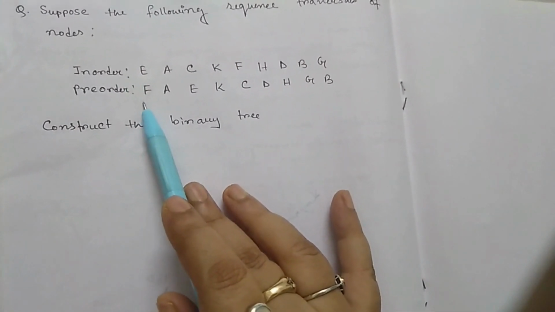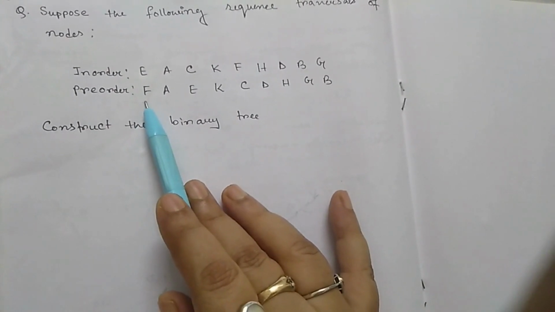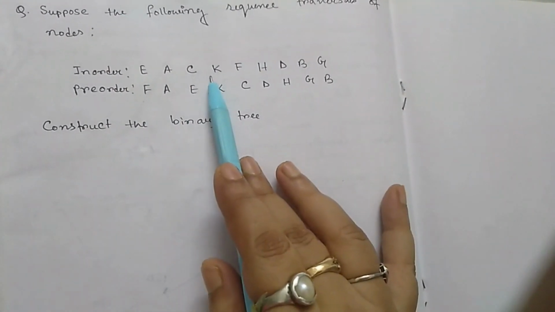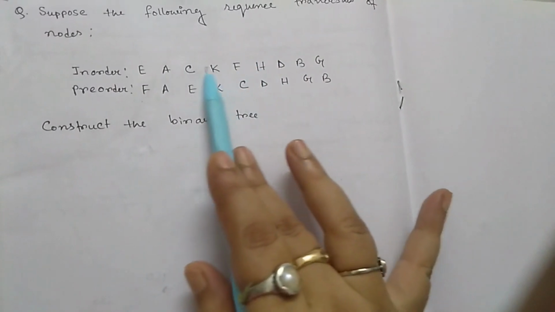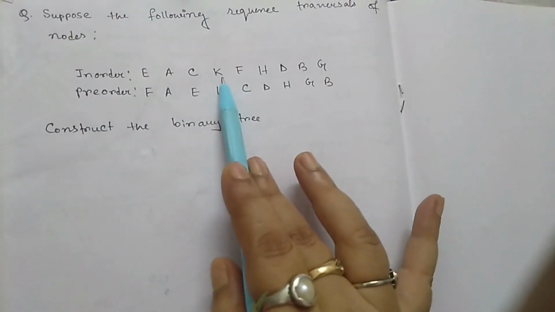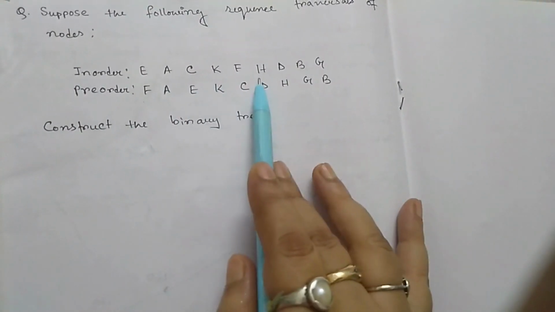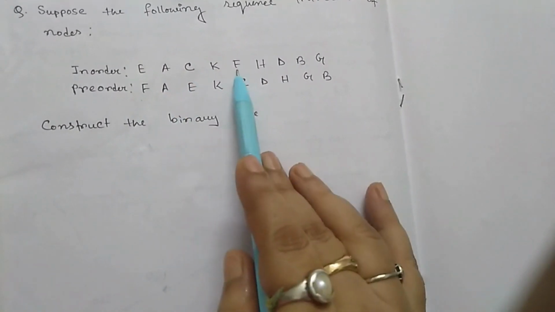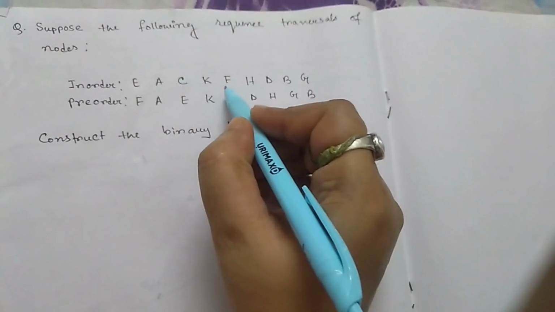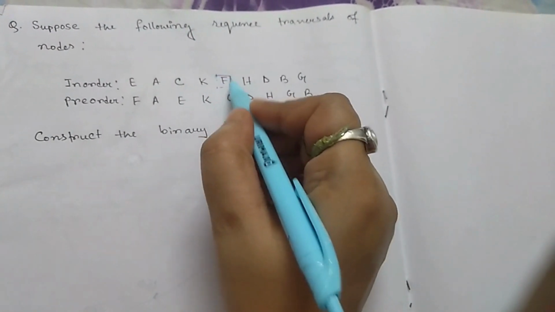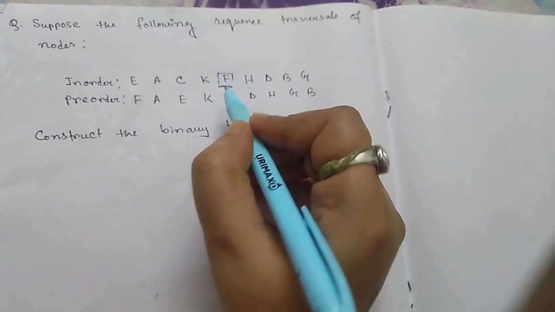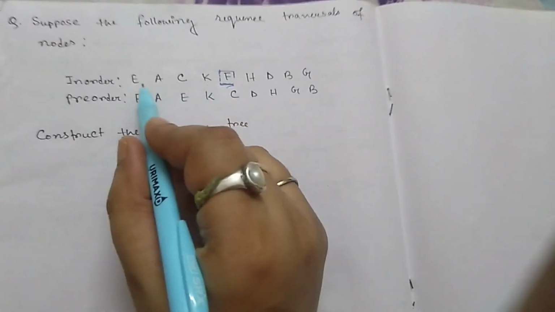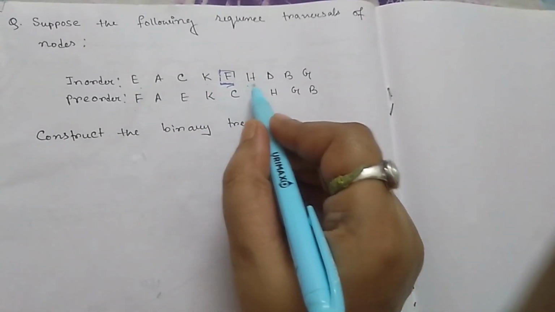Okay, now using this root, we have to find in the in-order sequence what the left subtree and right subtree are. Here the root is F, so we mark the F value. So this is the left subtree and this is the right subtree.